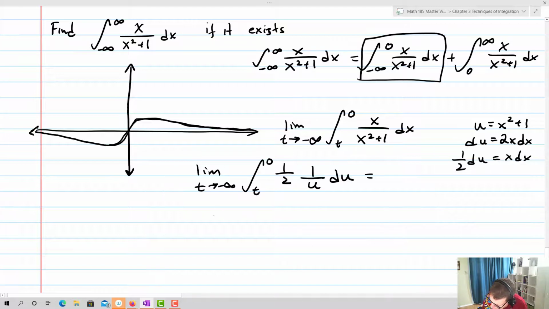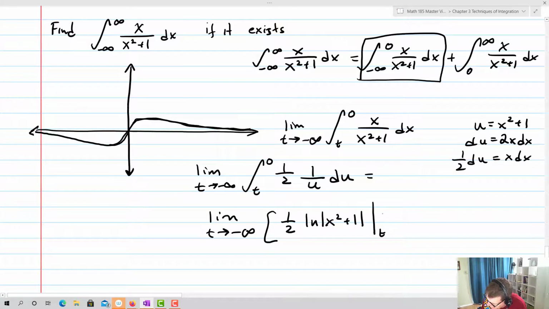And so that ends up equaling the limit as t goes to negative infinity of 1/2 natural log of x squared plus 1 evaluated from t to 0.